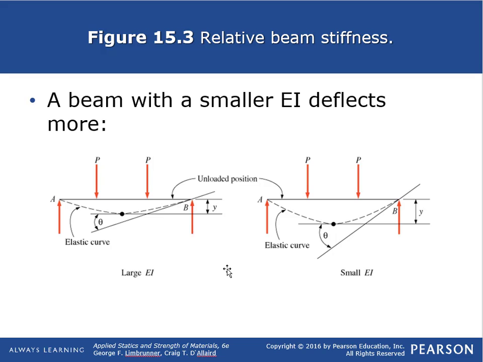Y is the maximum deflection. In this case, Y is smaller because EI is larger. In this case over here, EI is smaller, so your deflection is larger. So a beam with smaller EI deflects more. E times I, your modulus of elasticity times your moment of inertia, is an indicator of the stiffness of your beam.